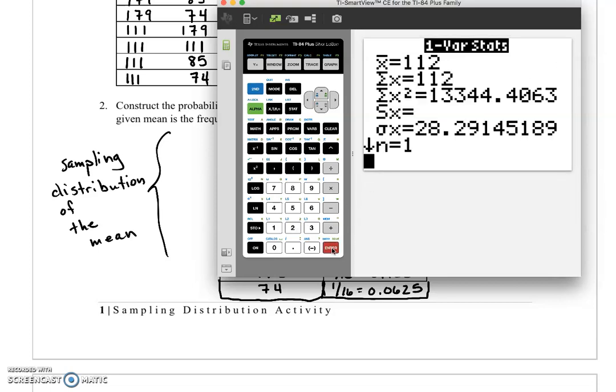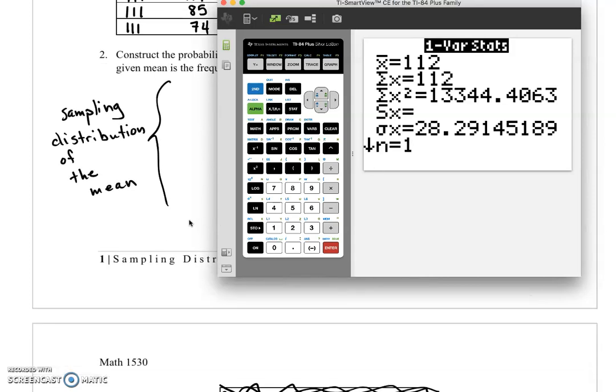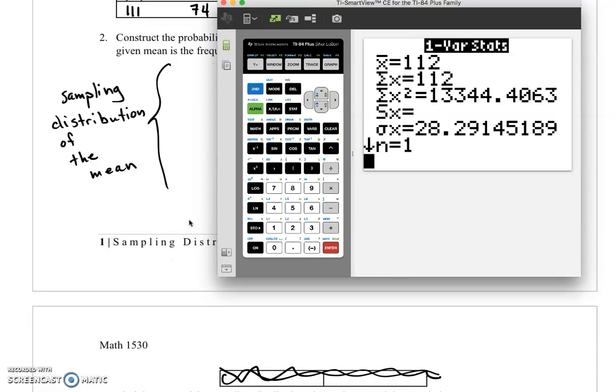Now let's calculate. One thing you'll notice is that this time it gave us an X bar, a mean. It did not even give us an SX, which is our sample standard deviation. That's because when we have that L1 and L2, the calculator says, oh, this is a population. We have all of it, so it only gives us the sigma X for our population standard deviation. So let's go write those down.